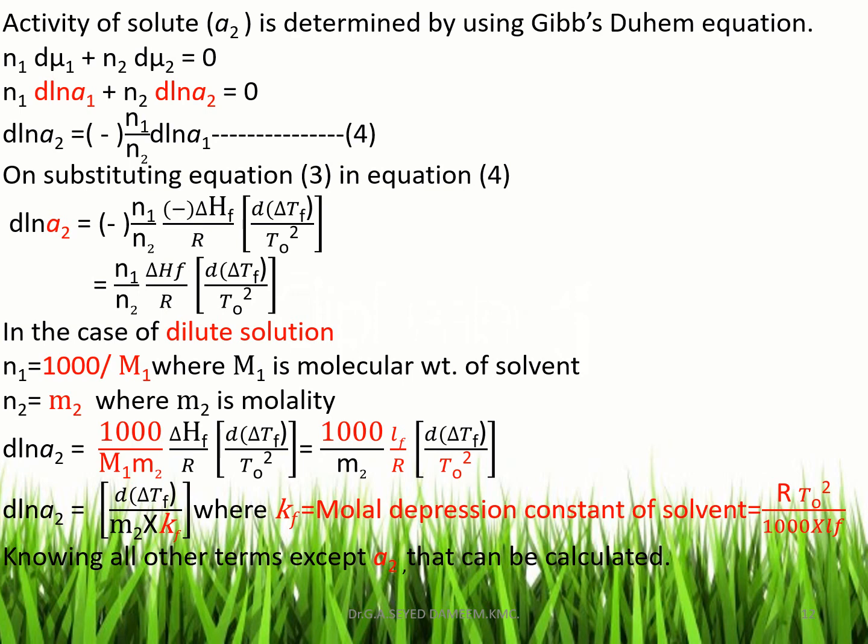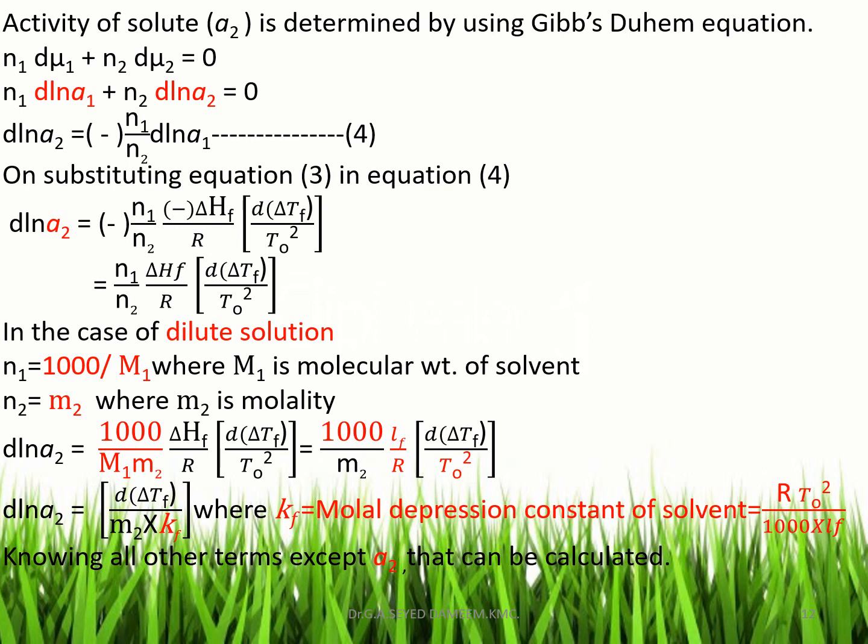In the case of a dilute solution, N1, the number of moles of solvent, is given by N1 equal to 1000 divided by M1, where M1 is the molecular weight of solvent, and N2, the number of moles of solute, is simply the molality, M2.